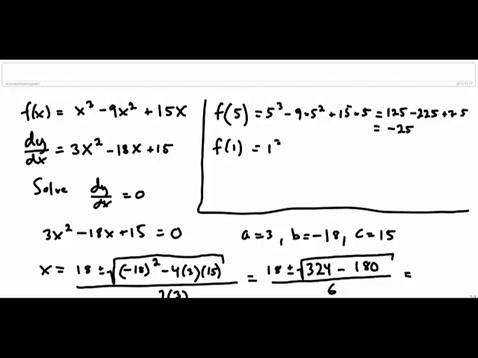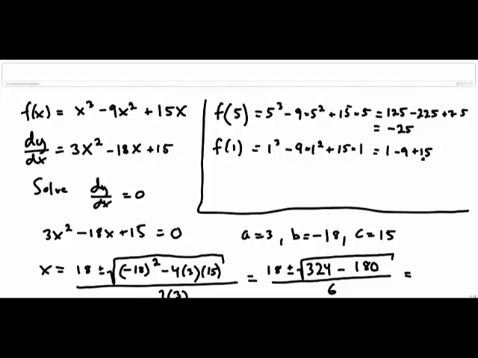f of 1, and that's going to be a little bit easier: 1 cubed minus 9 times 1 squared plus 15 times 1. So this is equal to 1 minus 9 plus 15.